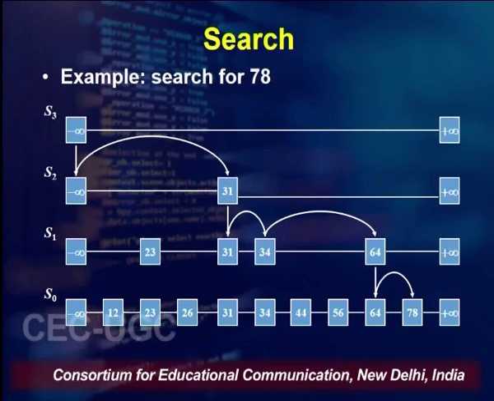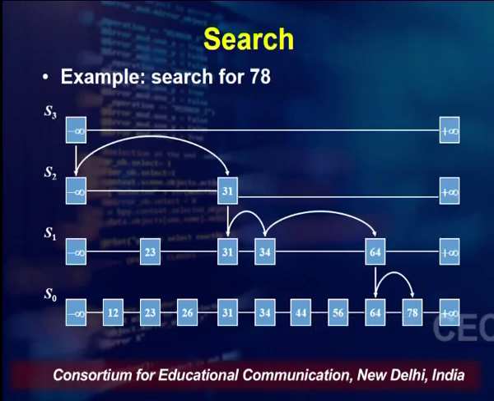So our search goes in the right direction, to the element after minus infinity, which is 31. 31 is compared with 78. We still need to go forward because 31 is less than the key.